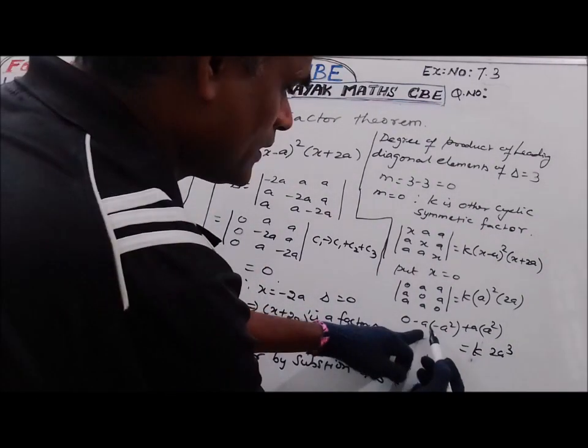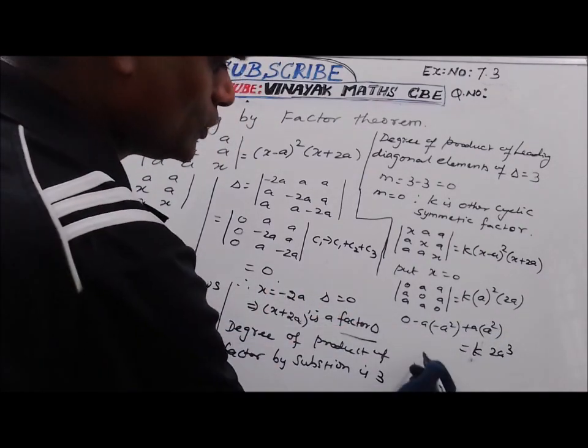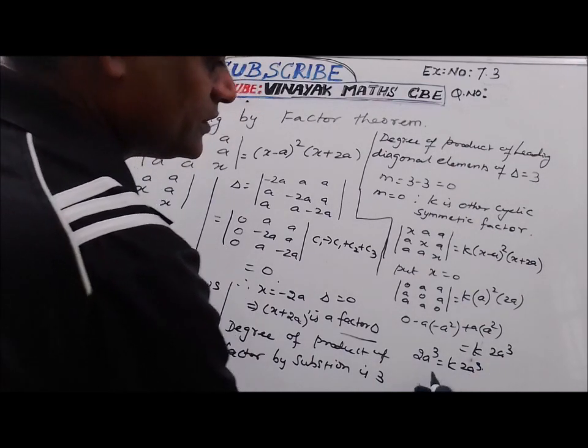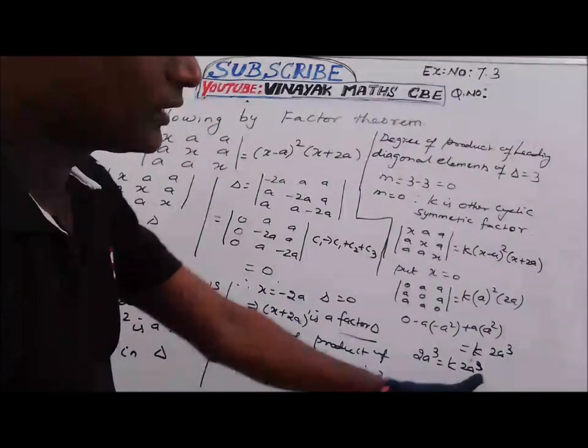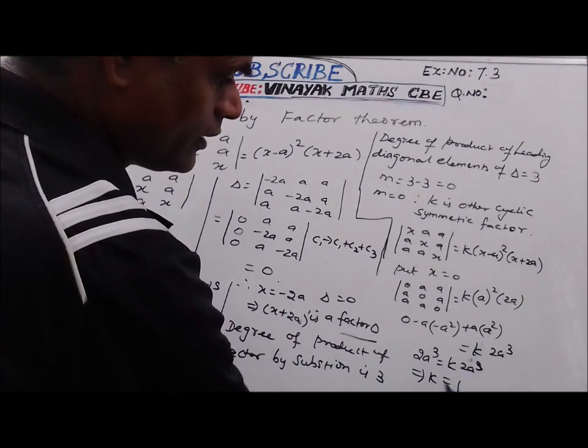Left side we have a cube plus a cube, so 2a cube equals k into 2a cube, which implies 2a cube equals k into a cube, which implies k equals 1, or dividing by 2a cube, k equals 1.